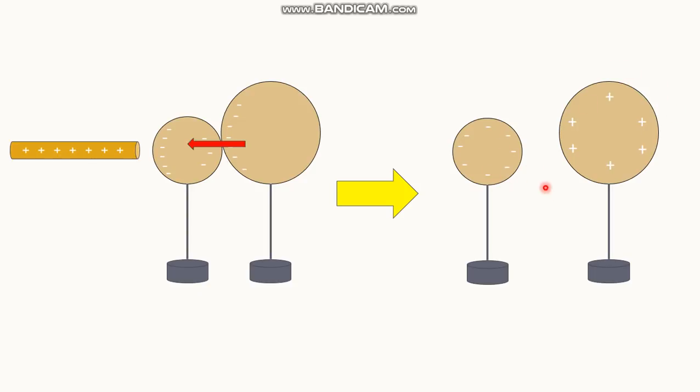Again, the charges cannot flow towards the ground because the stand is insulated. So the electrons will stay in the sphere. So that's the reason. Number 1 is letter C.